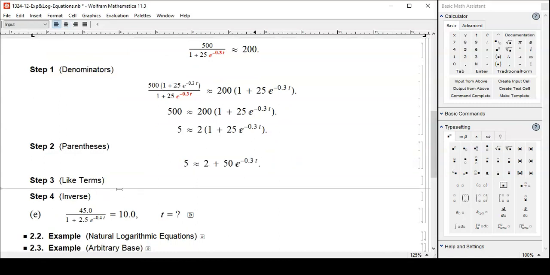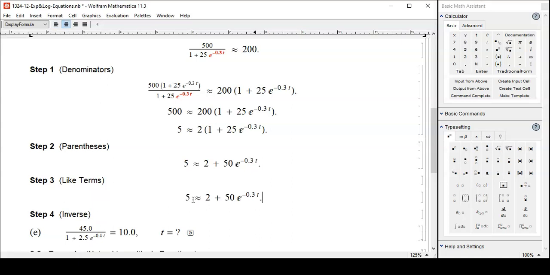Let's start from here. And we have to move this one away, so subtract 2 from both left-hand side and right-hand side. 2 minus 2, that's 0, so that's going to be gone. And here I'm going to get 5 minus 2, that's 3. Okay, all right. And then let's go ahead and solve for exponential.